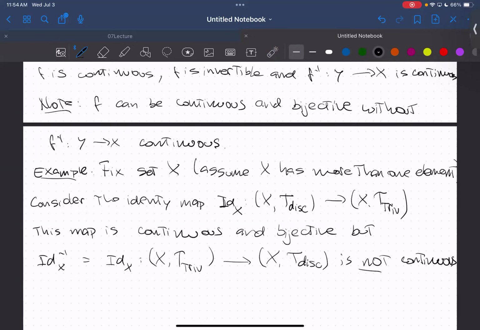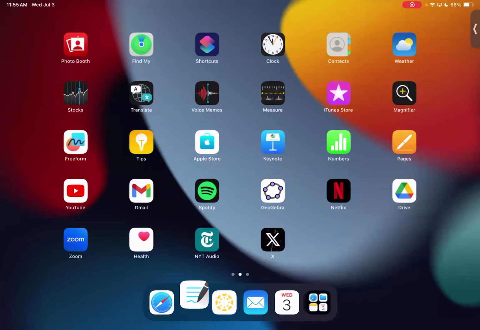Okay, so in contrast to the linear algebra case, here you could have a bijective continuous map where the inverse is not continuous. But this is, let's say, not a very satisfying example. I don't think it is. So now what I will do is very briefly go to my Zoom.